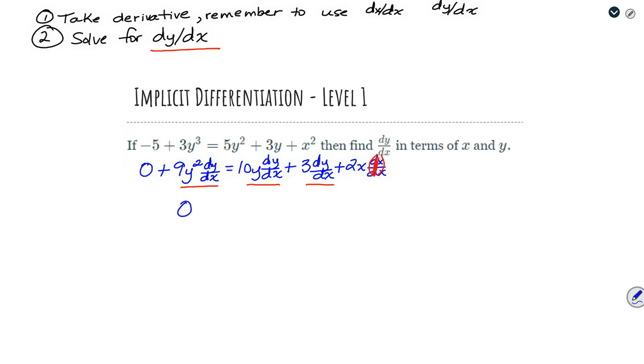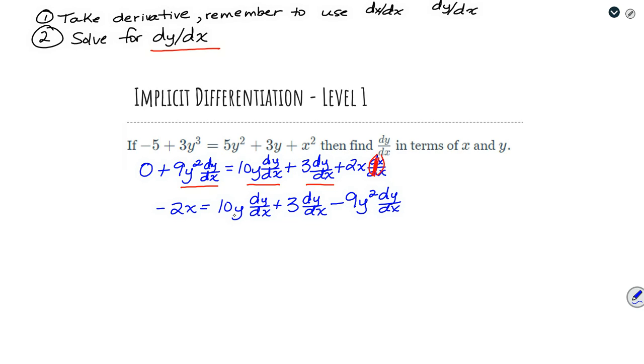So right now I have 0 equals 10y dy dx plus 3 dy dx minus 9y squared dy dx plus 2x. Now I want to get all the dy dx's on one side and the terms that do not have dy dx on the other side, so I'm going to subtract the 2x on both sides. So what that's going to look like is just having a negative 2x on this side.